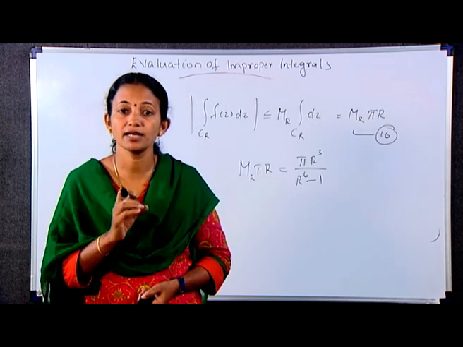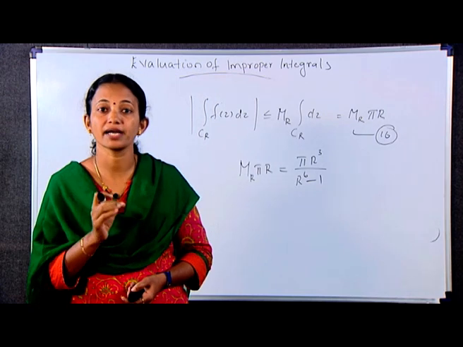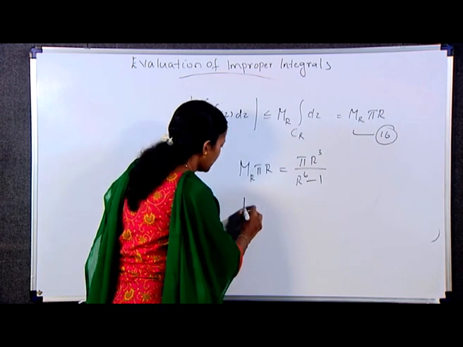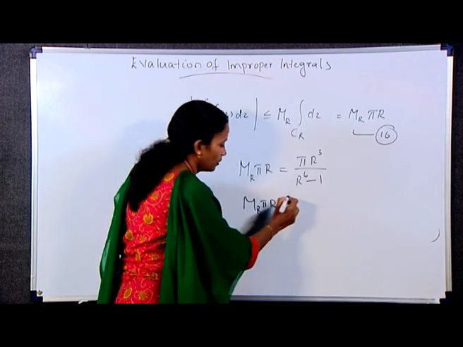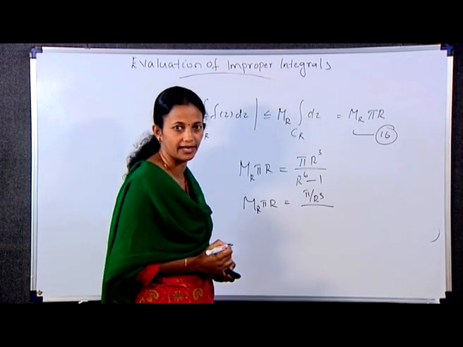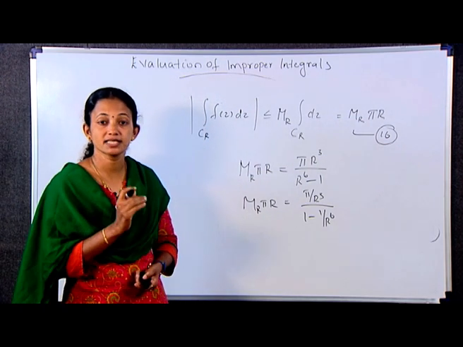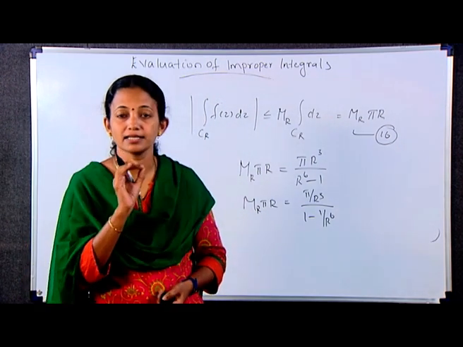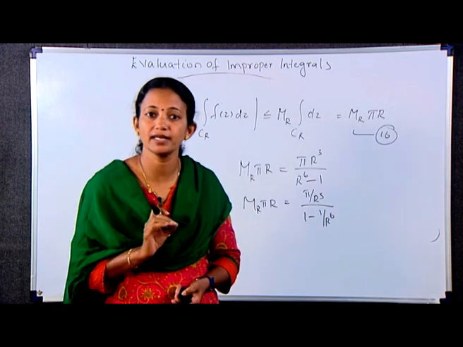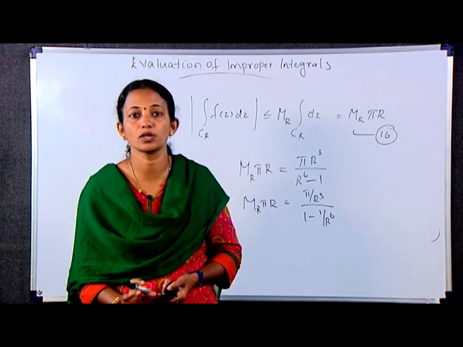More precisely, if we divide both numerator and denominator by r raised to 6, we can write Mr pi r is equal to pi by r cube divided by 1 minus 1 by r raised to 6. It is evident that Mr pi r tends to 0 as r tends to infinity. Consequently, in view of inequality 16, limit r tending to infinity integral over CR f(z) dz is equal to 0.